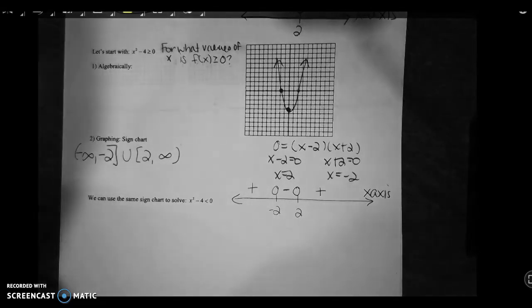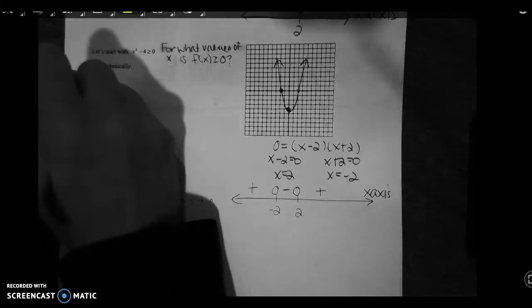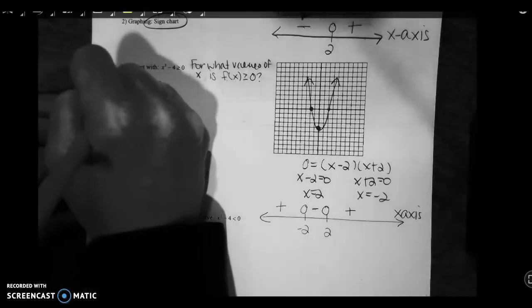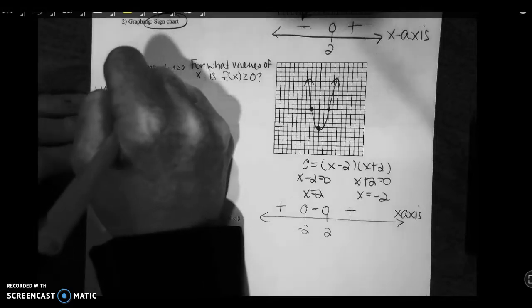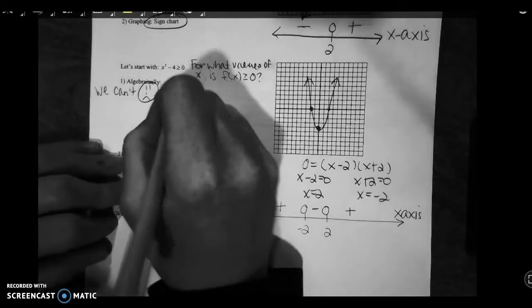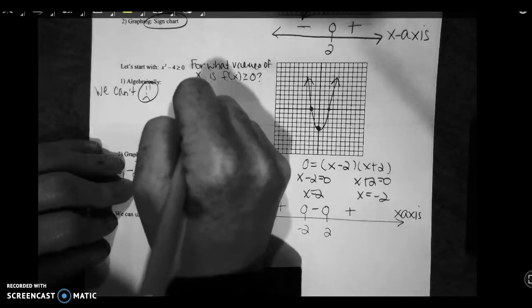So let's go back and talk about why we can't do this algebraically. Well, I'm going to show you what most people try to do. They try to factor this.